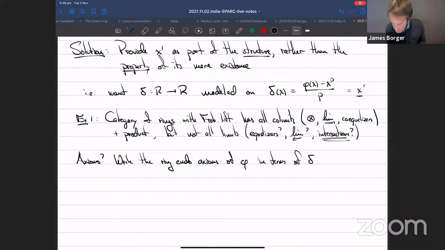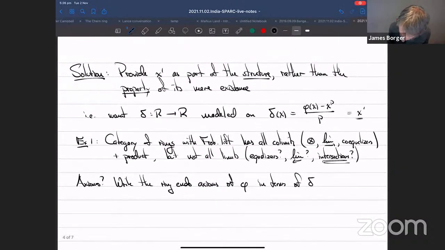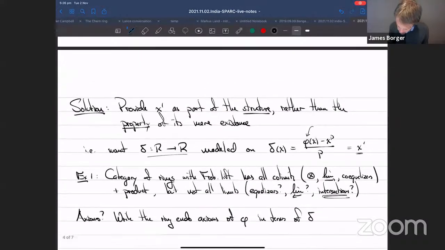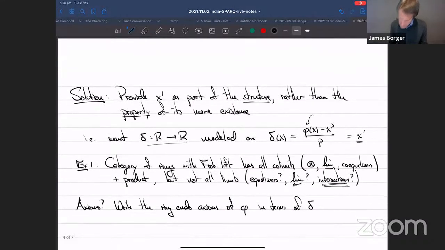Our delta won't be additive or anything like that, but we do want the self map phi defined in terms of delta to be a ring endomorphism. The whole point is we want to talk about Frobenius lifts, but do it in a more intelligent way than what we did on the previous page.